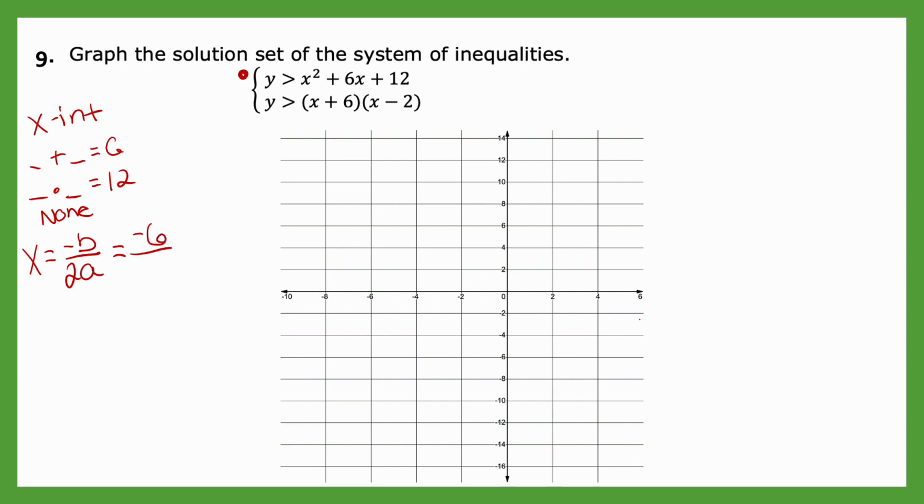A is the coefficient in front of x squared, currently a 1. So this would be 2 times 1. Okay, so this tells me that I'm going to have my vertex falling on negative 3. So that's where my axis of symmetry is going to be.